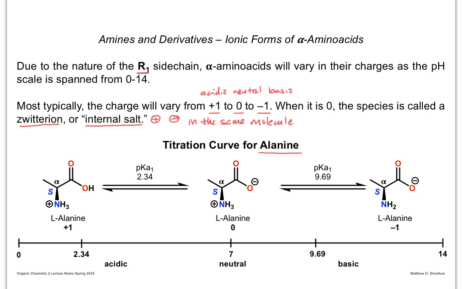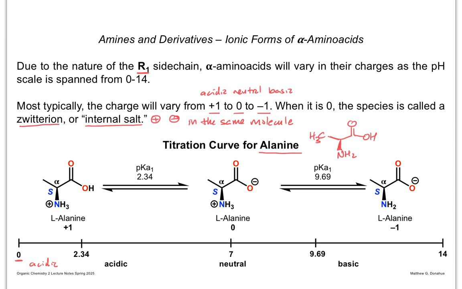So as an example to start, we'll look at alanine. Remember the structure of alanine has the methyl side chain. And let's just start at a pH of 0. At pH 0, we know that on the pH scale we're under acidic conditions.